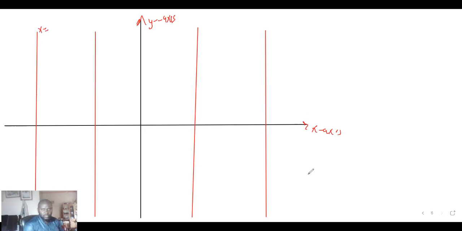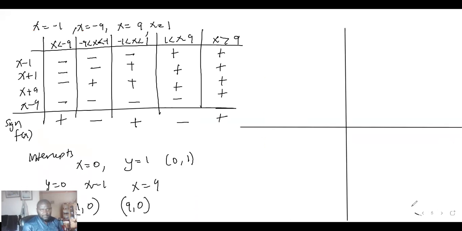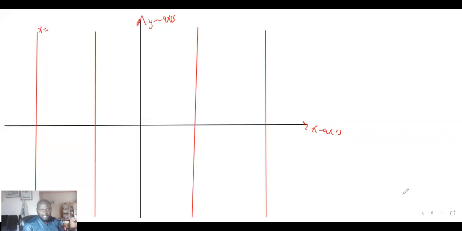Which ones are the vertical asymptotes? The downer ones are negatives. So X is -1 and X is -9 are the vertical asymptotes. This is 0. We have Y is equal to 1 as a horizontal asymptote, which is here.